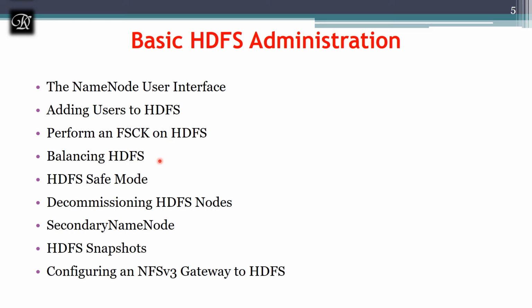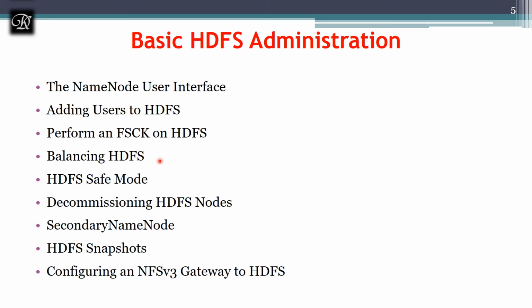Rebalancing can be done when new data nodes are added or when a data node is removed from the service. We have seen in the previous administration how to remove the existing data nodes, which does not create more space in the HDFS, but rather improves the efficiency.